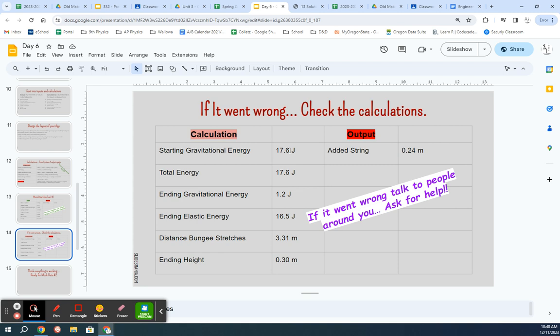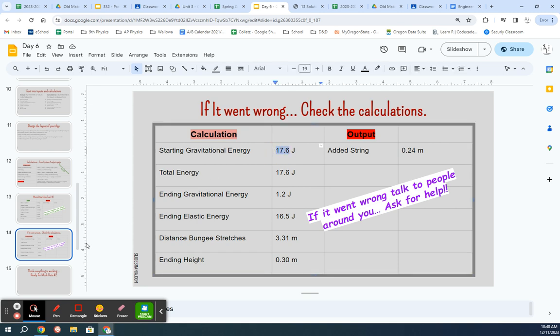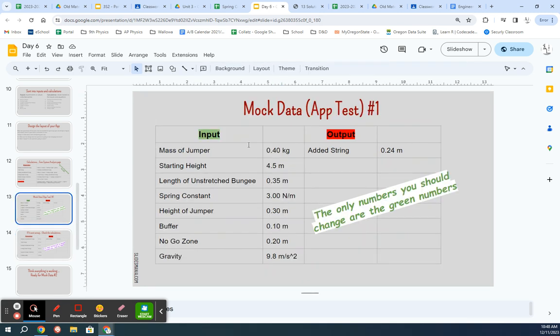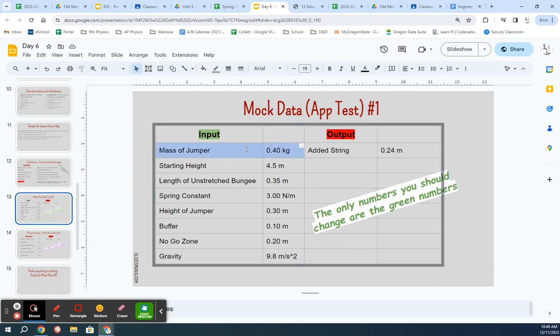If your starting gravitational energy is something other than 17.6, then your app is not multiplying things correctly to give you the correct starting energy. Remember, that was mgh. So what it should be is our mass times g, or 9.8, times our starting height.